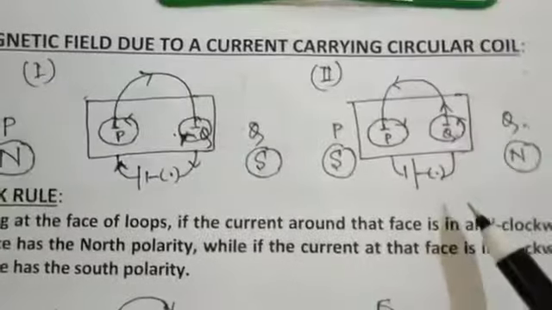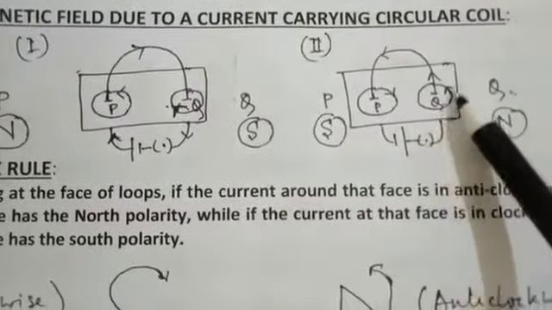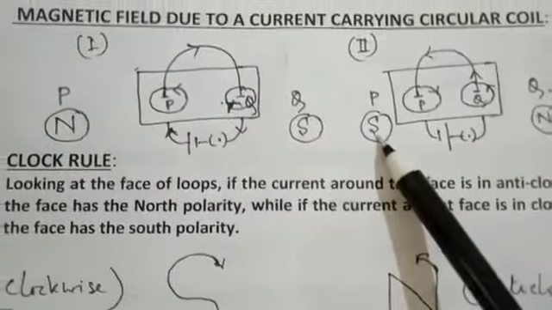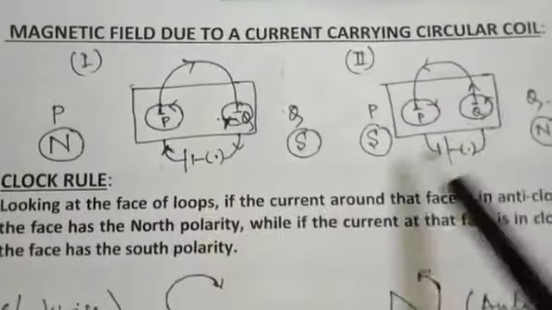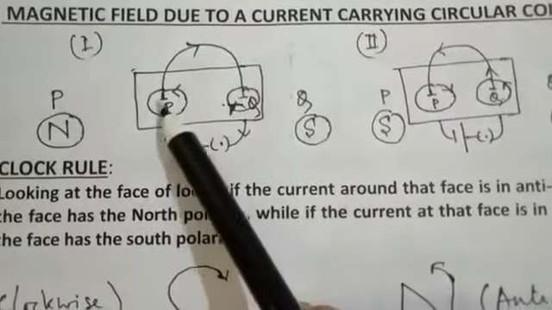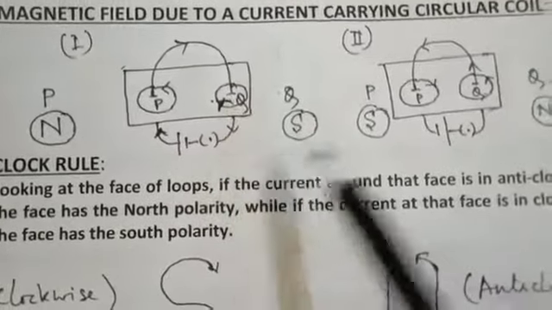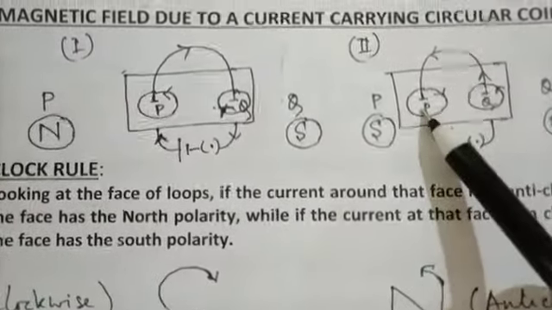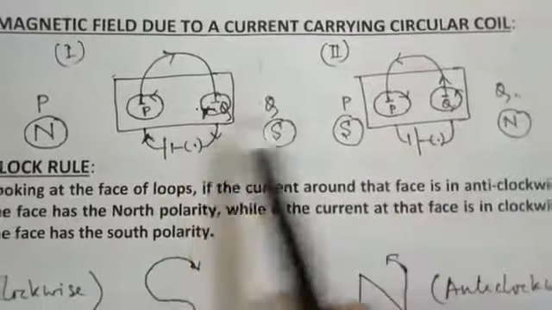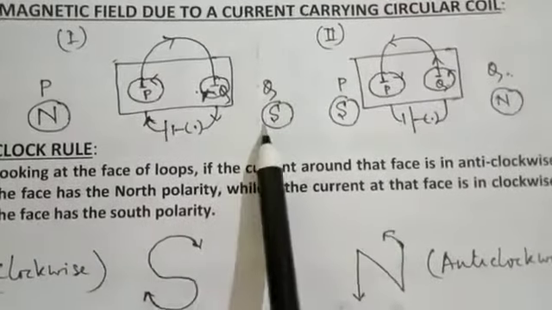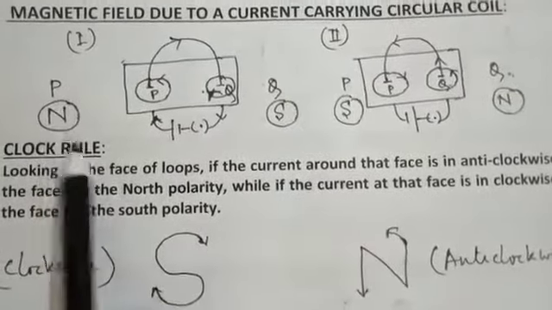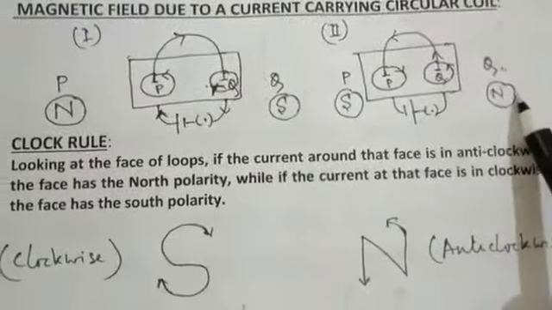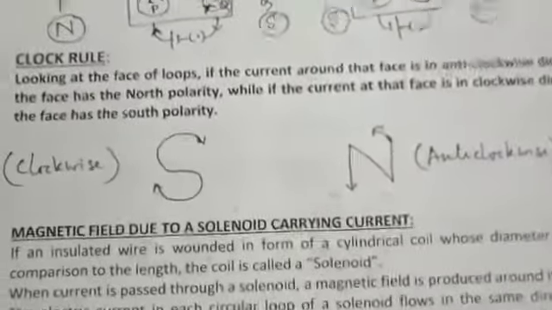In figure number 2, at Q it is anti-clockwise, so it will be north pole at Q and south pole at P. If you look at both diagrams, in the first the current enters from P and comes out from Q, whereas in figure number 2 the current goes from Q and comes out from P, and in both cases we find the polarity has changed. Here P was north pole and Q was south pole. Here P is south pole and Q is north pole, and this has been obtained by the clock rule.